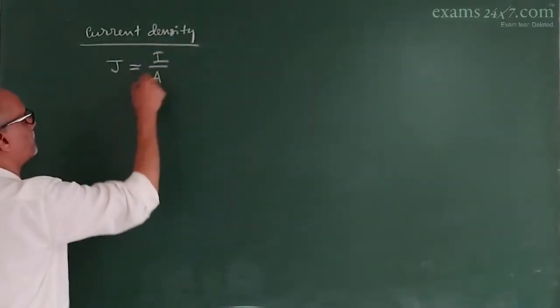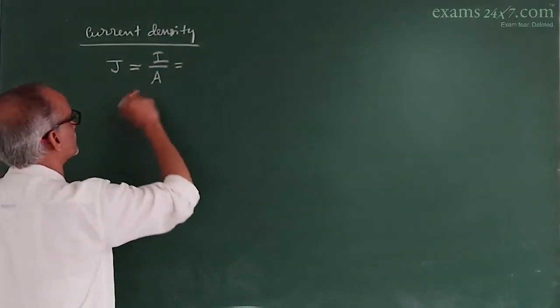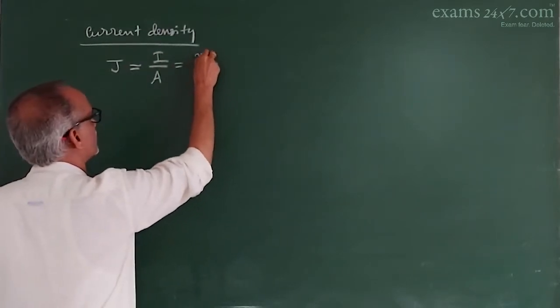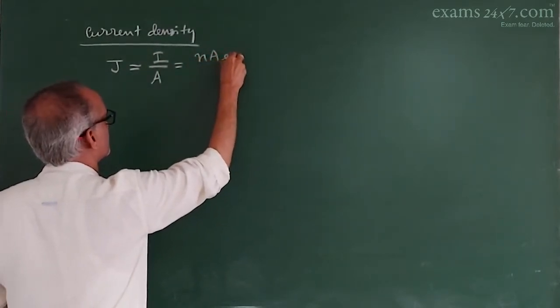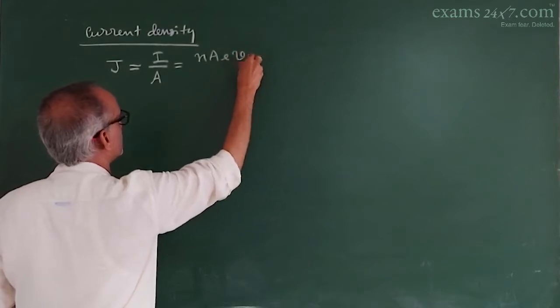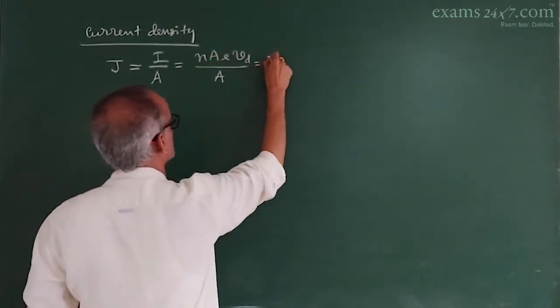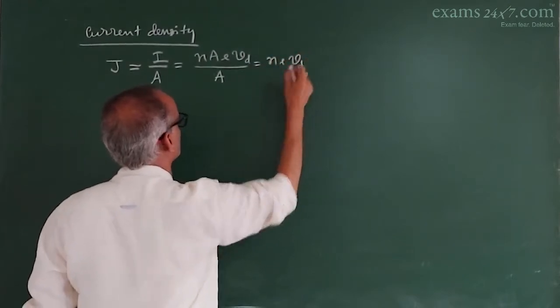That's I by A. Now this I we can also write as n A e v_d divided by A, that A will get cancelled and you'll get that as n e v_d.